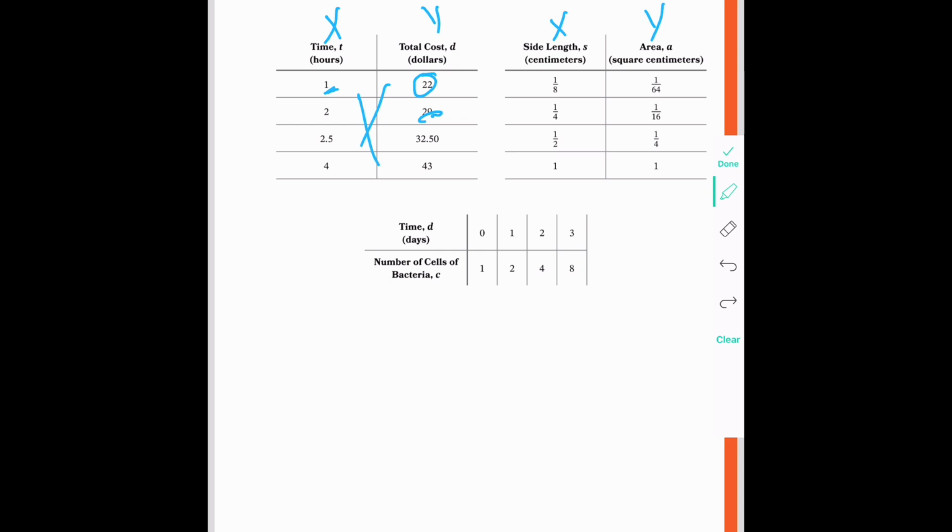Increases by 1/4. Find a common denominator. No. It increases by 2, like multiplying by 2. If you multiply this by 2, you should get the next number. If you multiply this by 2, you should get the next number. And if you multiply this by 2, you should get the next number. Okay, so very good. These are all being multiplied by 2.